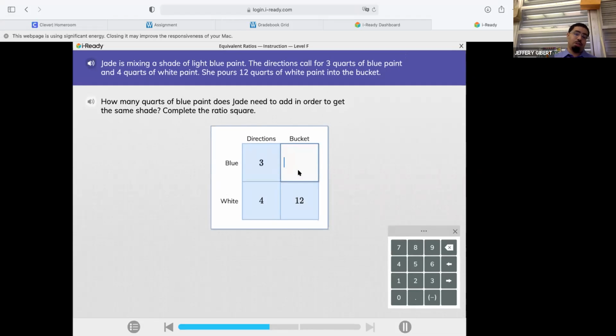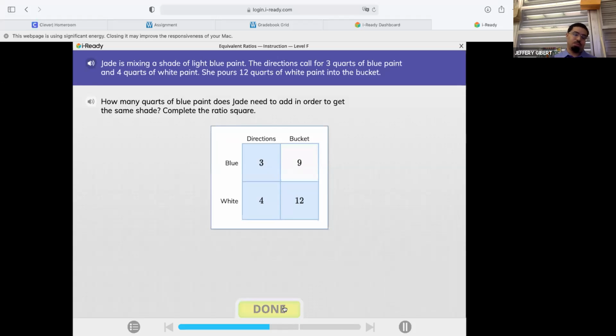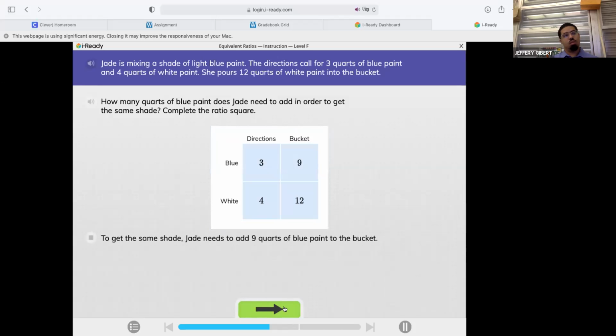Do you know why it's 9? All right, why is it 9? 4 times 3 is 12, and you have to do 3 times 3. That's 9. Yes, that's correct. Good. To get the same shade, Jade needs to add 9 quarts of blue paint to the bucket.